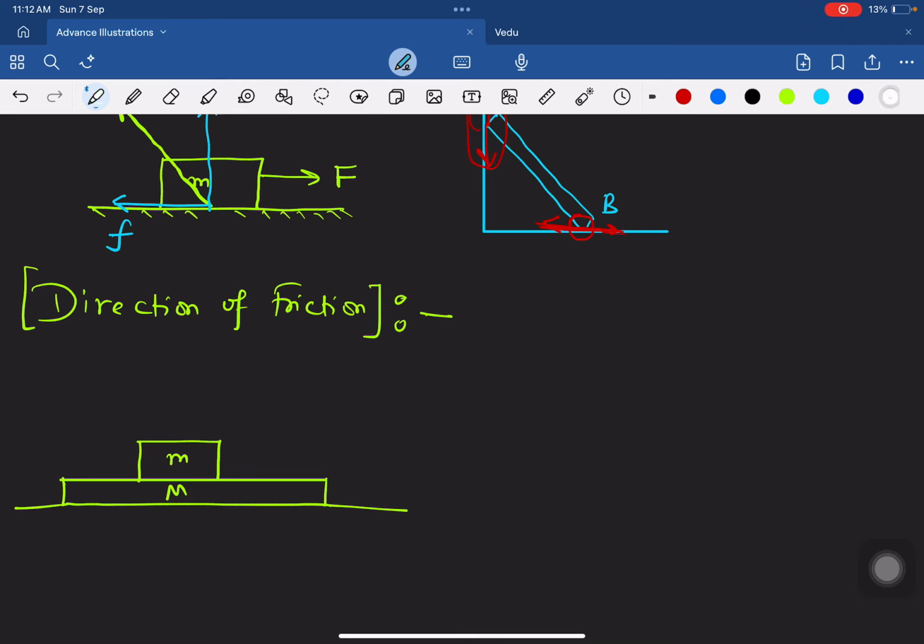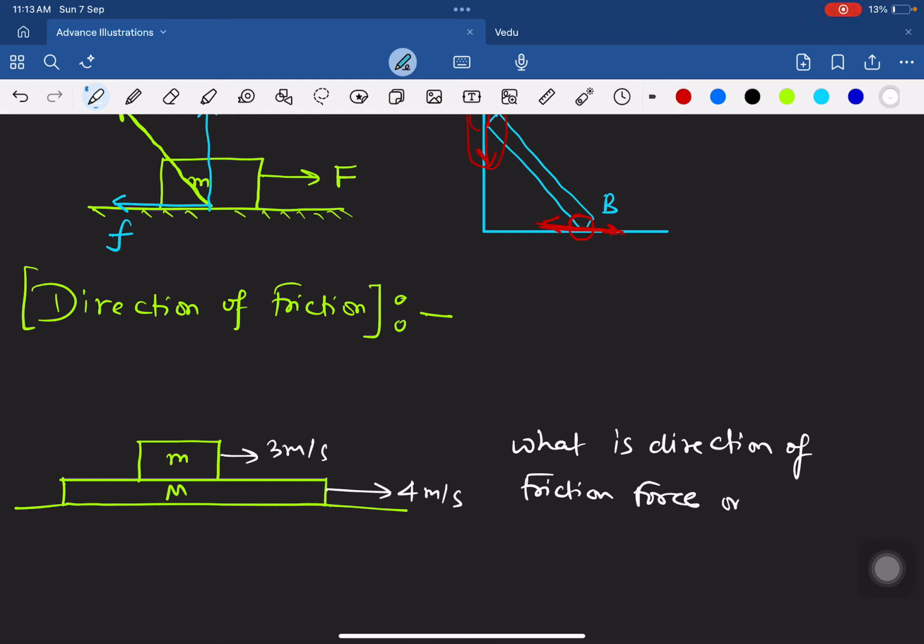If I ask you, what is the direction of friction force on the upper block?